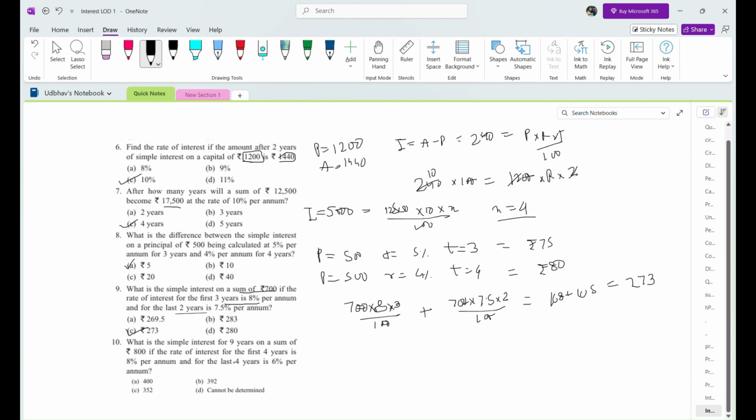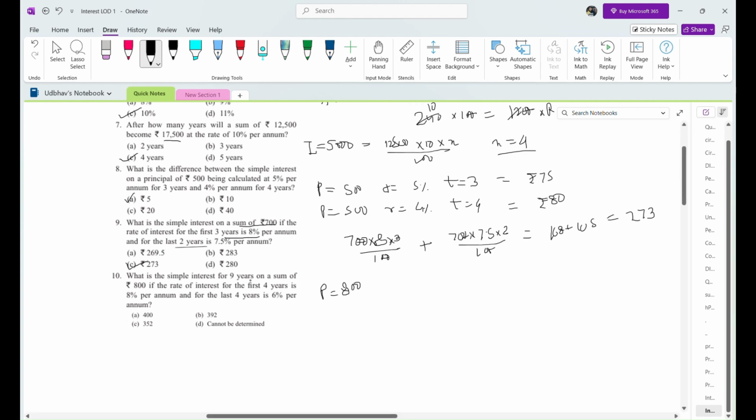What is the simple interest for 9 years on a sum of 800? Principal is 800. If the rate of interest for the first 4 years is 8%, and the last 4 years is 6% per annum.